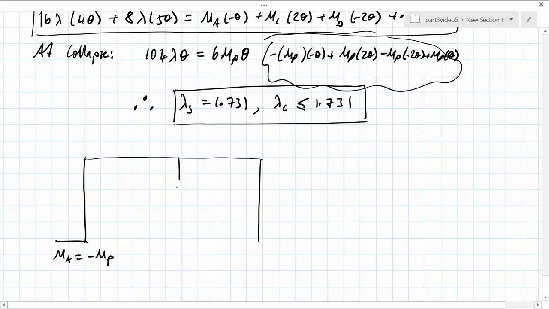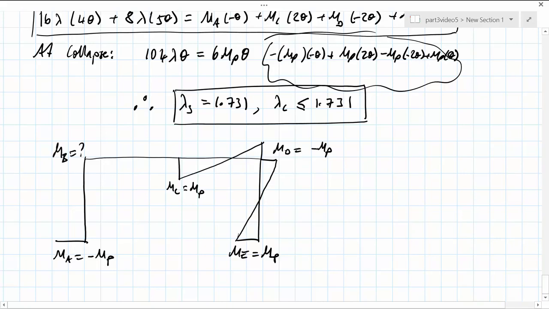We know that MC is equal to MP, and at MD this is equal to minus MP, and ME is equal to MP. MB remains unknown.